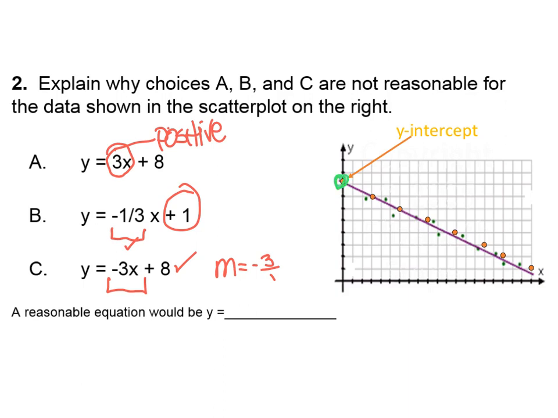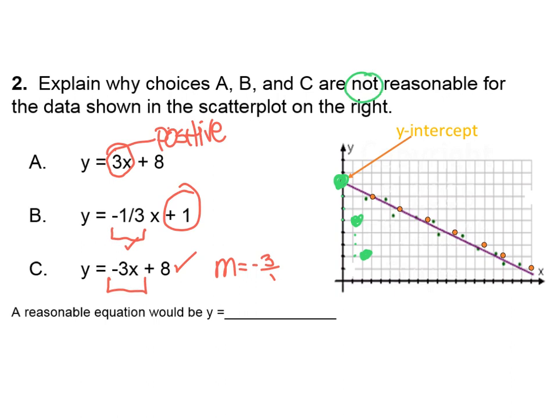If I start right here and I go down 3, 1, 2, 3, and over 1, I'm here. Down 1, 2, 3, and over 1, I'm right here. So definitely that line right there is not the model. So that's why A, B, and C are not reasonable.